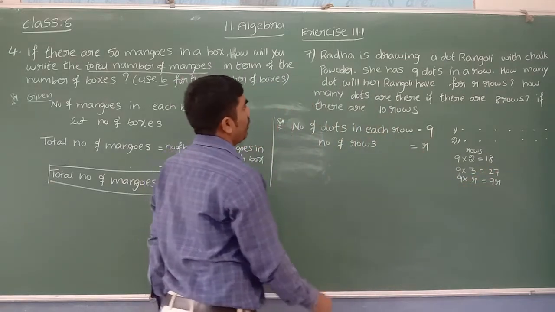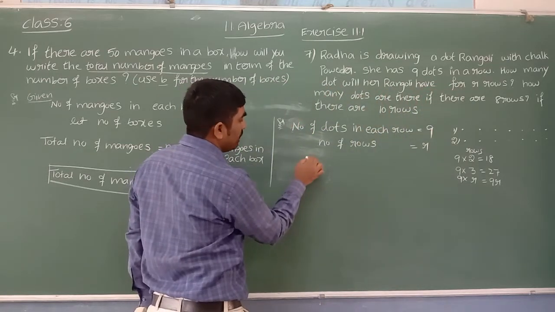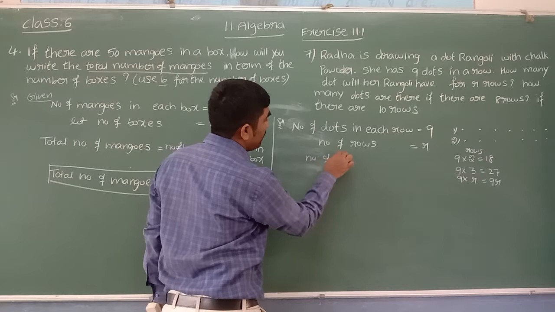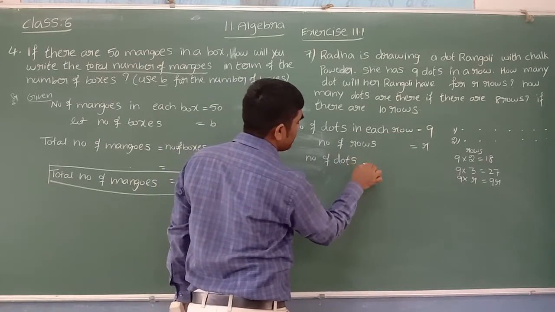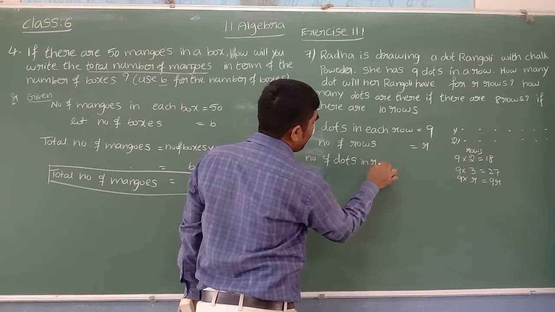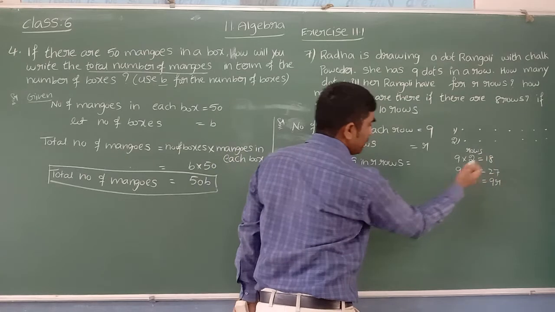9 into R. What they are asking to find? How many dots will have? They are asking to find the number of dots in that R rows. So number of dots in R rows is equal to. How can I find? Same like this only.